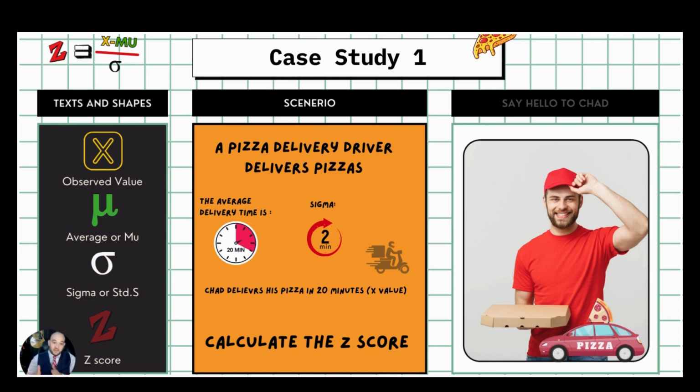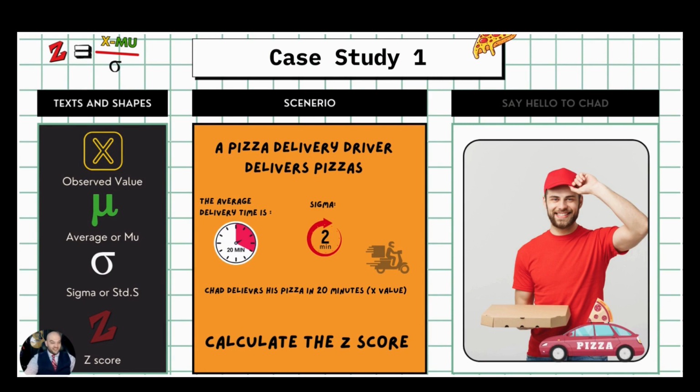Chad delivers his pizzas a little bit later, in 24 minutes. Based off of this information, I want you to calculate the z-score. So go ahead and pause the video now and work this calculation. If you look at the upper left-hand side, I've included all of the values for you to use. So plug and play, and then continue the video.